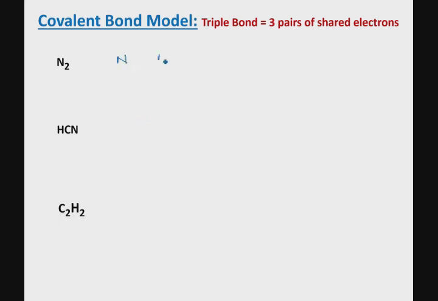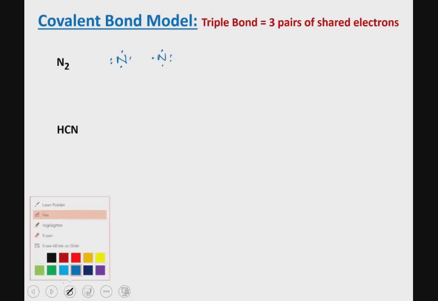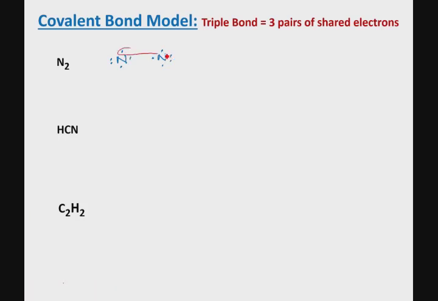So each nitrogen atom has 5 electrons, valence electrons I mean. In other words, our structure must show a total of 10 electrons. And now these are going to be shared. Once again, sharing one pair doesn't quite get to the point where the octet rule wants it to.